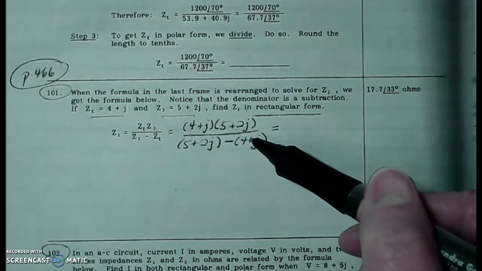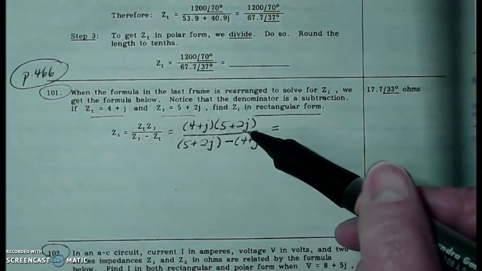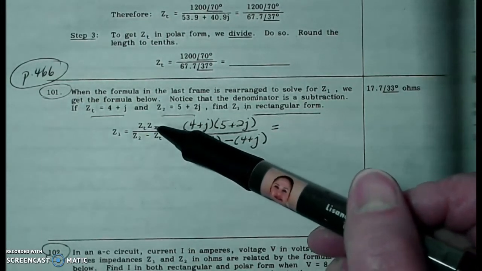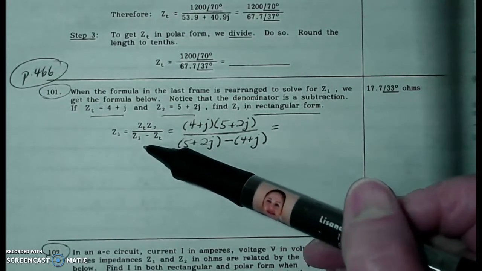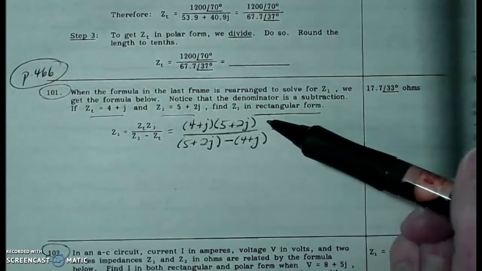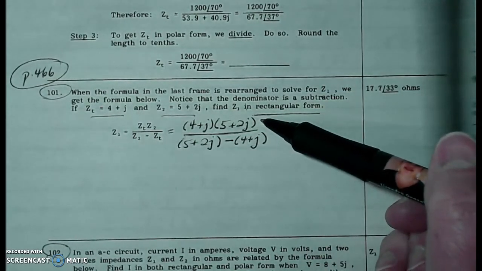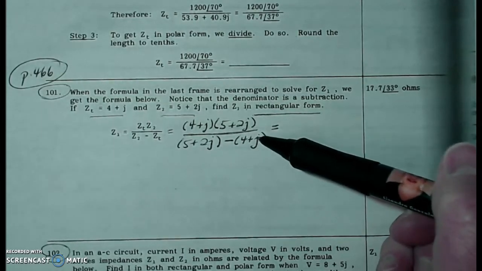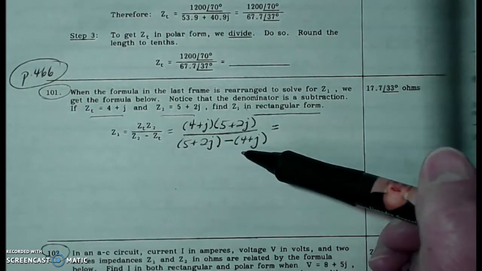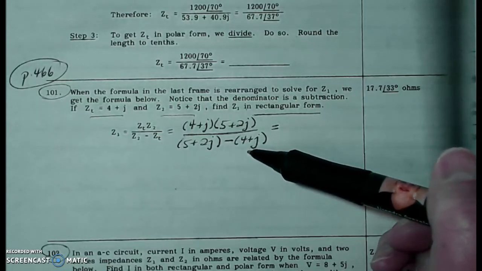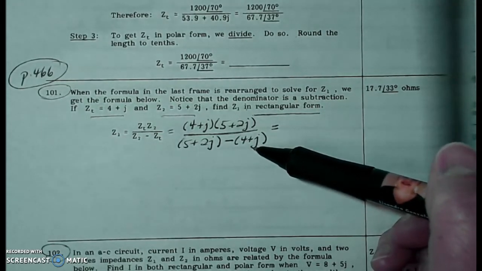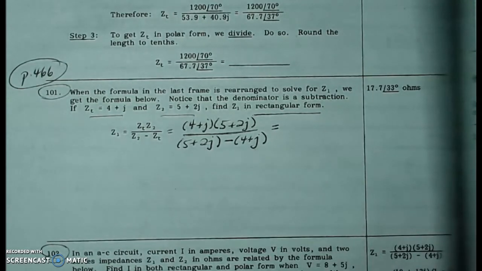Substituting in these rectangular form numbers, and do it carefully, notice the subscripts are t and 2, and then z2 minus zt. You're going to have to FOIL the numerator, and in the denominator you can combine like terms. Then when you simplify that, unless the j term drops out in the denominator, you'll have to multiply the top and bottom by the conjugate to get a simplified answer.